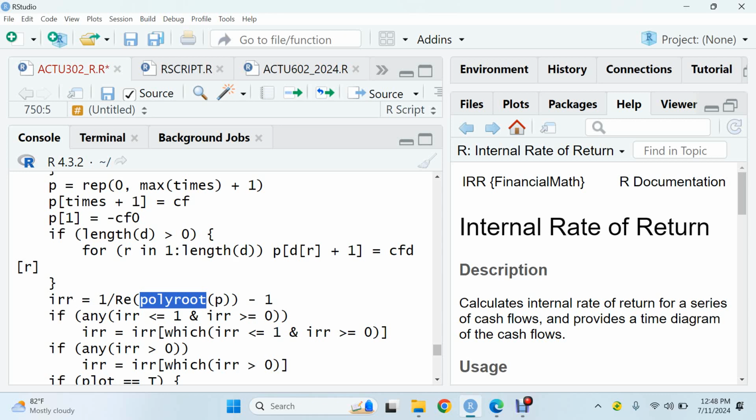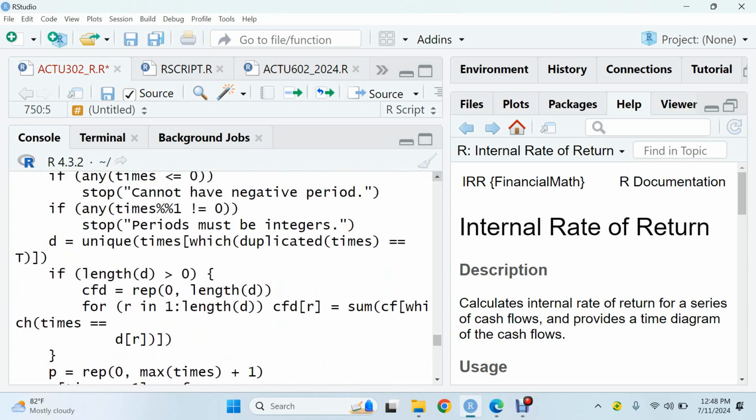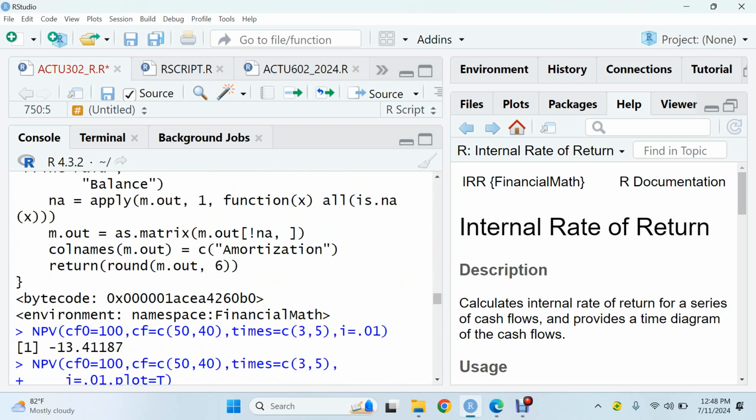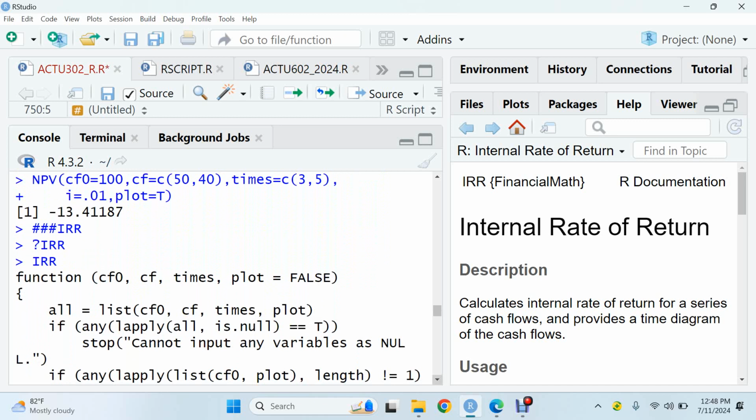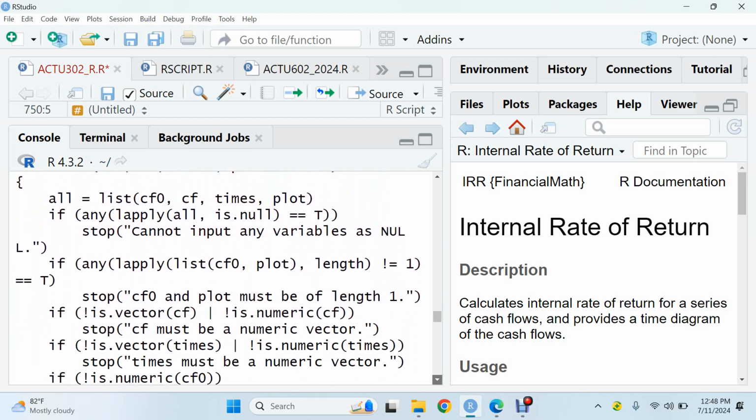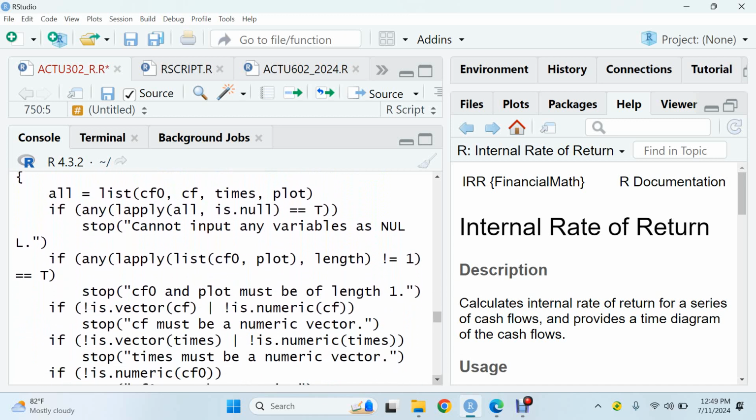So if you know what it is about, when you look through the function, it should tell you what is going on. The rest are just things to make sure that you don't get an error. So for example, it stops if the plot must be of length 1. For example, if you go and plot, you give it true or false, it doesn't know which one to choose.